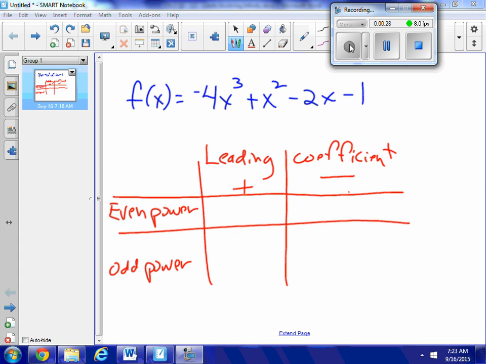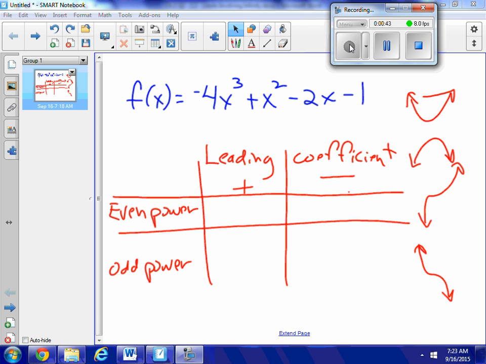the graph is going to go up, up, or down, down, or down, up, or up, down, depends on the sign of the leading coefficient, and whether the highest power is even or odd.